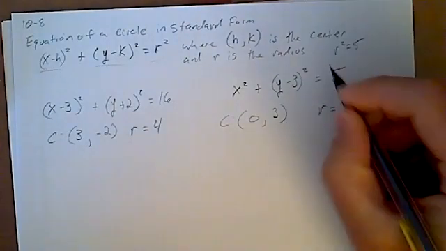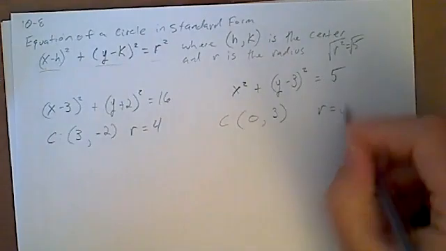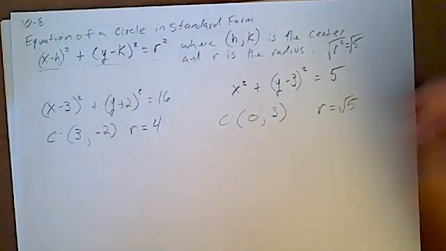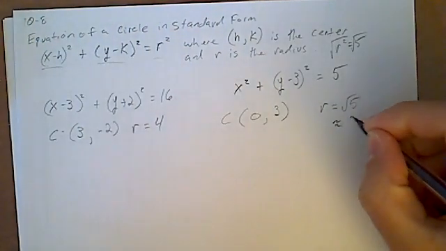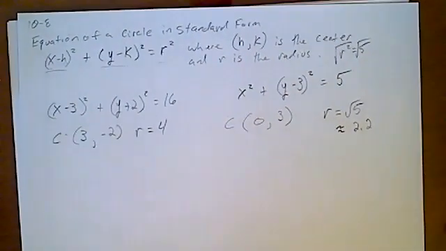To find r, we take the square root of both sides, so the radius is the square root of 5. On a homework or a quiz, most likely I'll ask you to find it to the nearest tenth or hundredth, so something like 2.2 or 2.24 may be the answers I look for there.